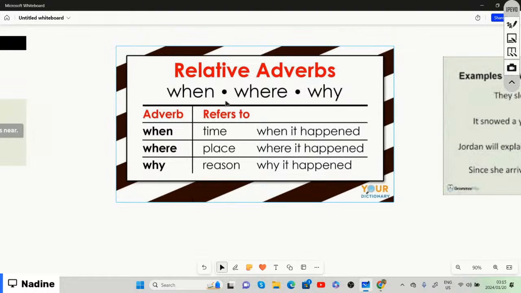And then why refers to a reason and it tells us why it happened. So our relative adverbs are when, where, and why. When tells us the time, where tells us the place, and why gives us the reason as to why it happened.